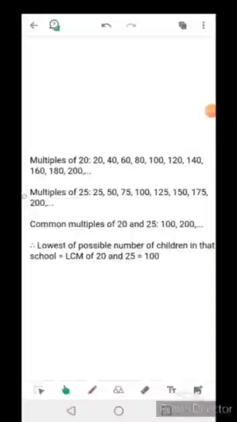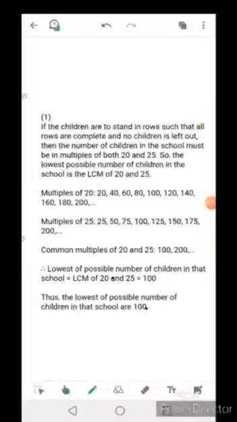Means all these numbers are completely divisible by 20. Now let's move towards the next number, that is 25. Multiples of 25 are 25, 50, 75, 100, 125, 150, 175 and 200.